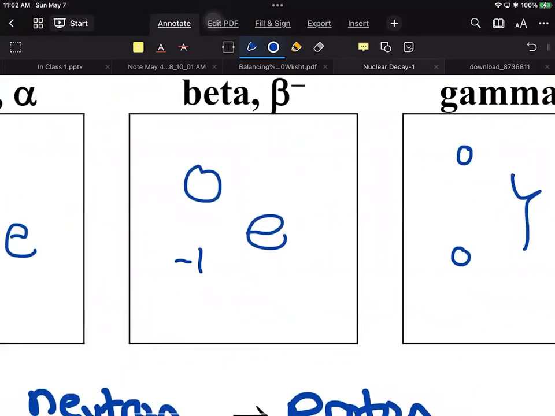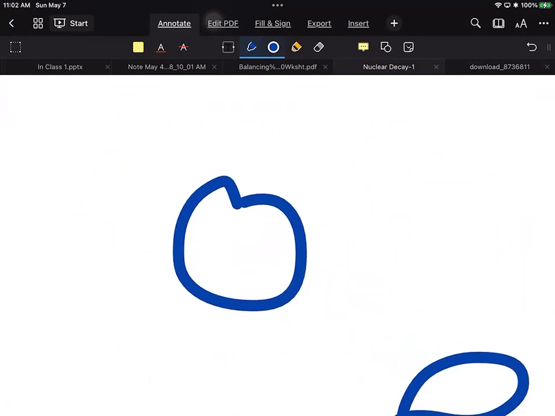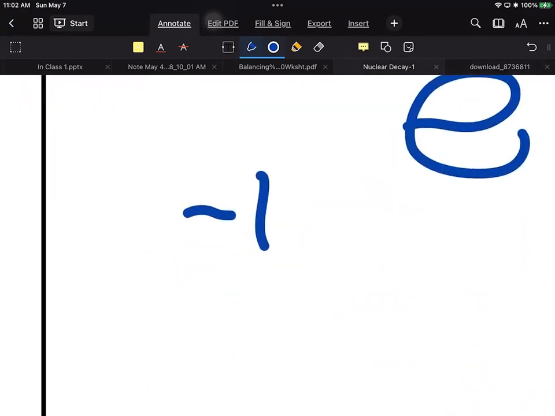Oh yeah, I forgot to explain for the beta one. The mass number is 0 because mass number is protons plus neutrons, but this is an electron, so that's not in there. It's 0. And the atomic number is the number of protons, and we have -1.